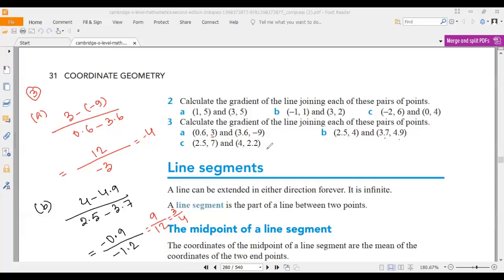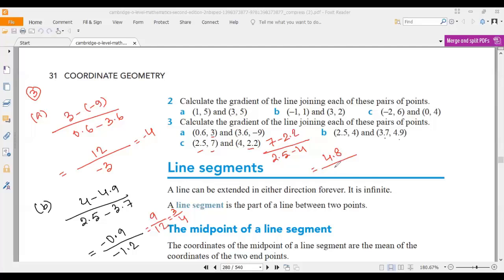Now question number C, what will be the gradient of question number C? y1 minus y2, so 7 minus 2.2 divided by x1 minus x2, so 2.5 minus 4. 7 minus 2.2 will be 4.8.